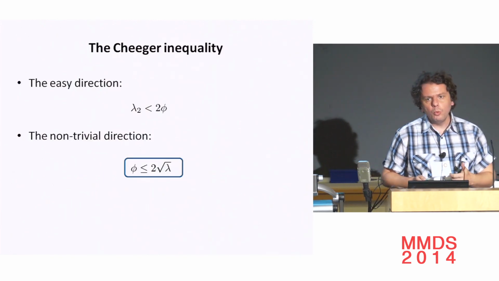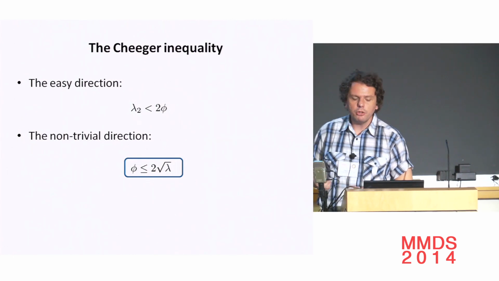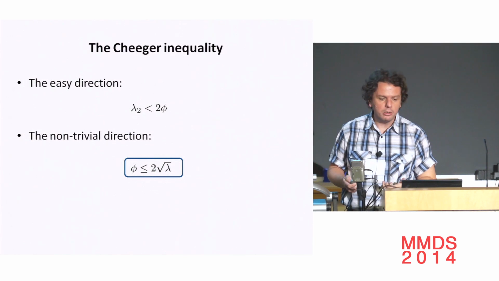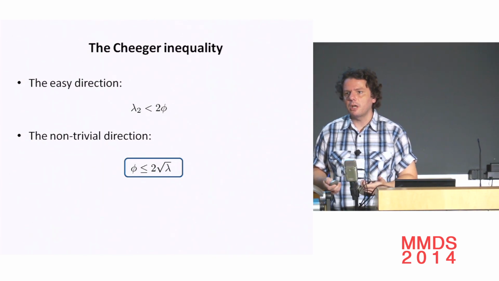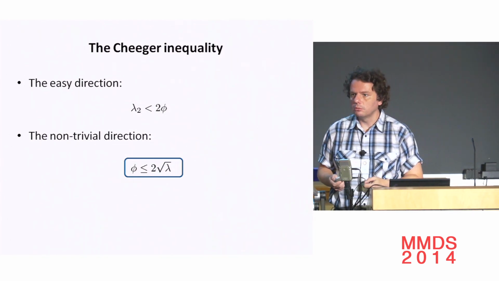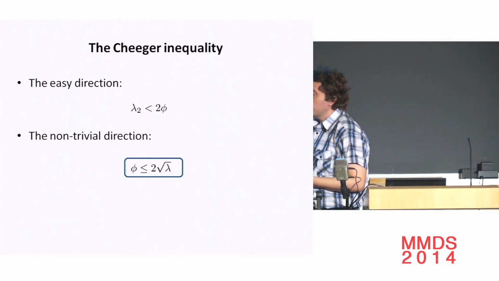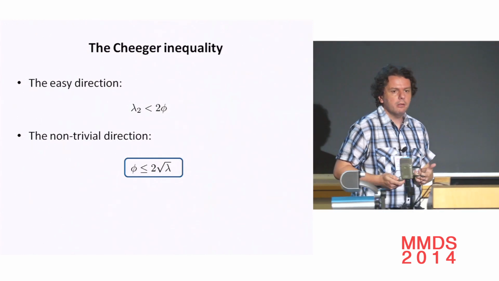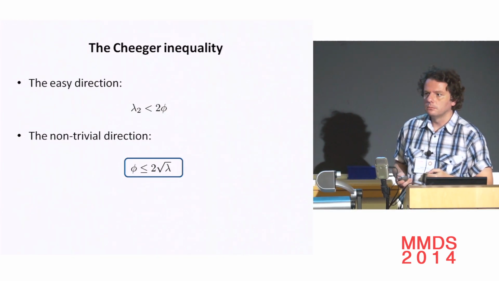Now, the eigenvalue is always smaller than 2 times the sparsest cut, the conductance phi. And that's an easy direction to show. The non-trivial direction is that the conductance is always smaller than approximately the square root of the eigenvalue.